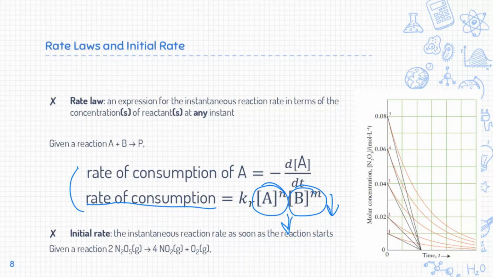Sure. Okay, so the first thing I want you to know is that the rate law is technically independent of time, at least in the equation. We know that as time proceeds, because I just talked about the instantaneous rate of reaction, the concentration of reactants decreases, therefore the rate of reaction decreases as the reaction proceeds.